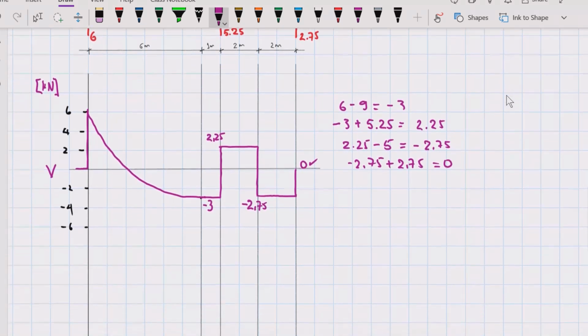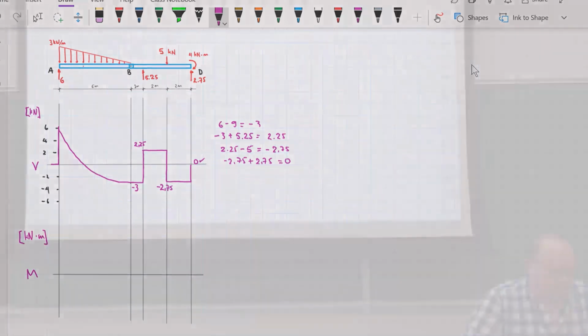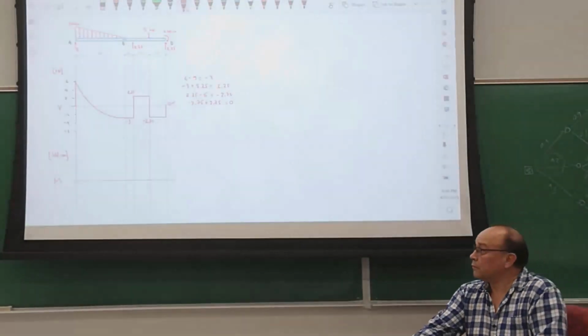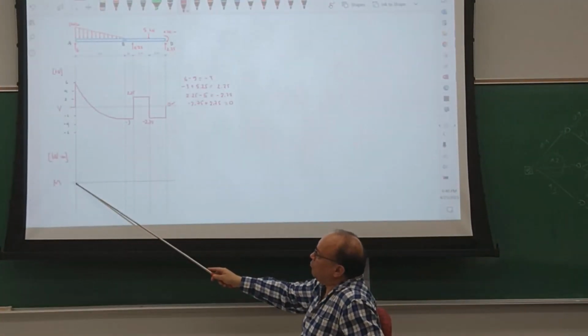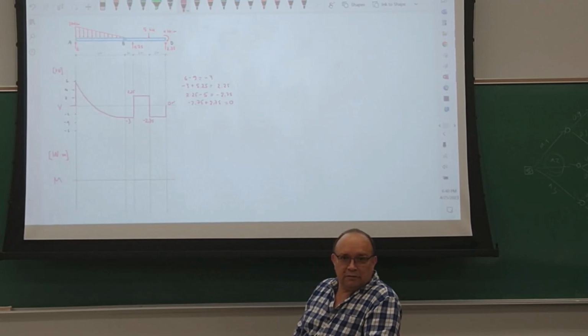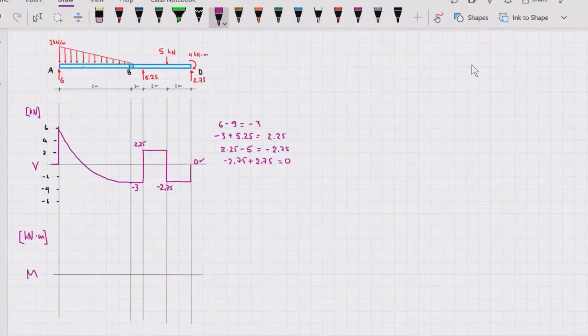Okay, now the moment in kilonewtons times meters. So how do you start here? Up, down. If you want to put the arrows, if that helps, you put these arrows, remember, but the arrows don't go towards the beam, but away from the beam, and that will eventually help you.